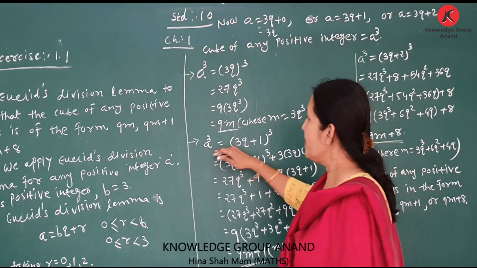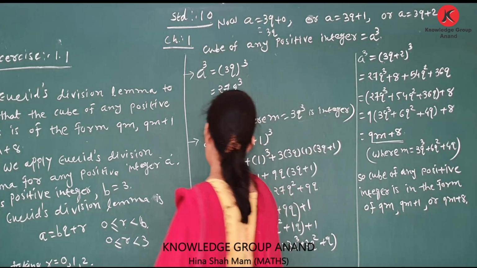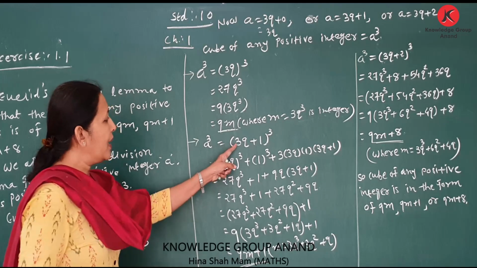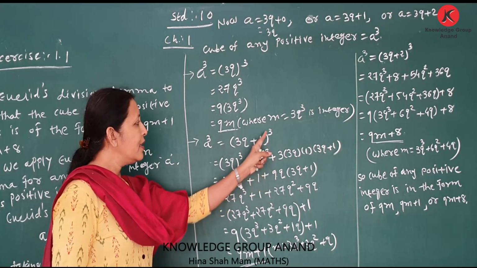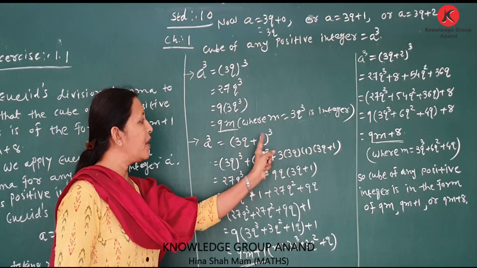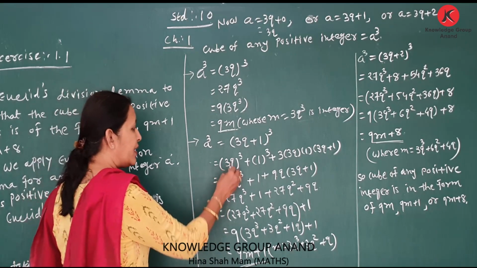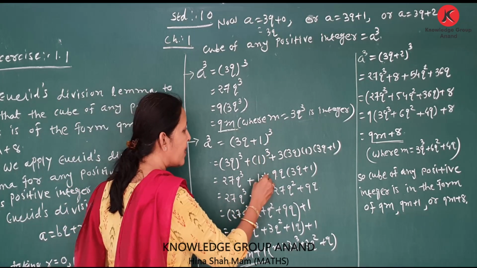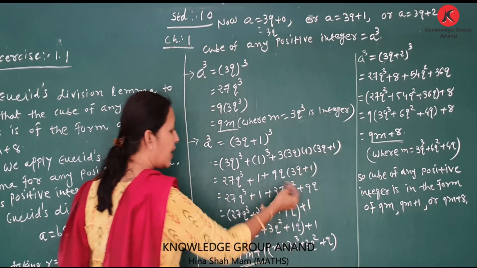Now a cube is equal to (3q plus 1) cube. Expanding, 27q cube plus 1 plus 3 into 3q into (3q plus 1), that is 27q cube plus 1 plus 9q into (3q plus 1).